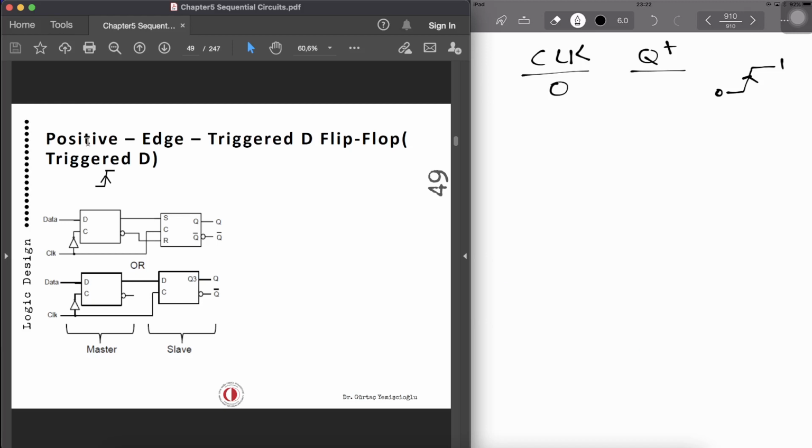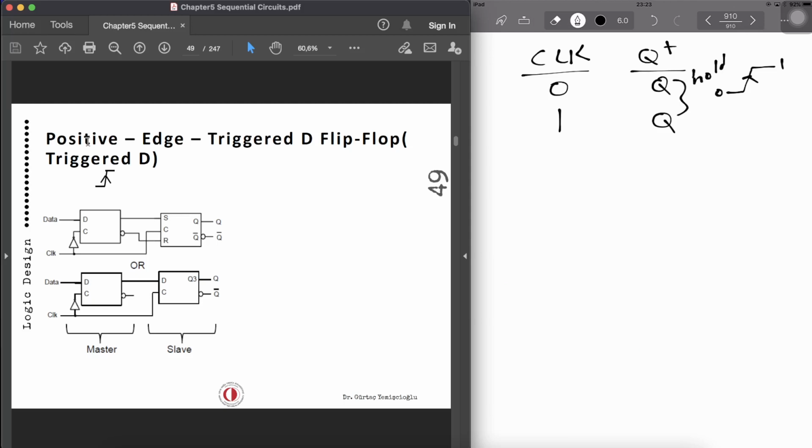Now, what will happen when the clock is 0? No matter what's happening, it just holds the previous value. So Q next is Q. Even when the clock is 1, Q next is Q. It's like a hold.